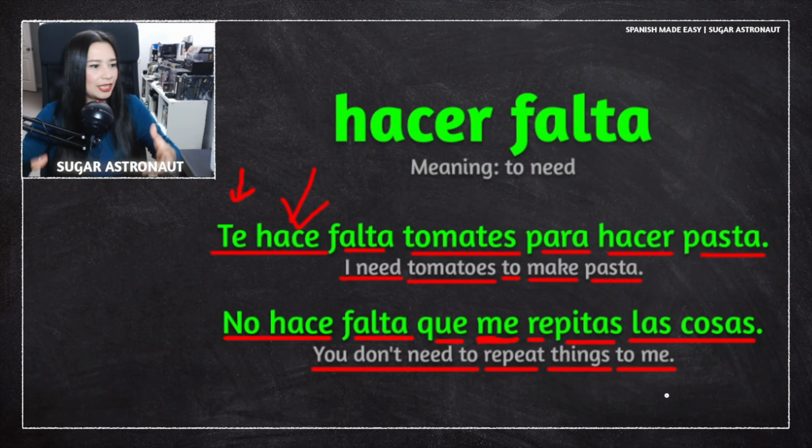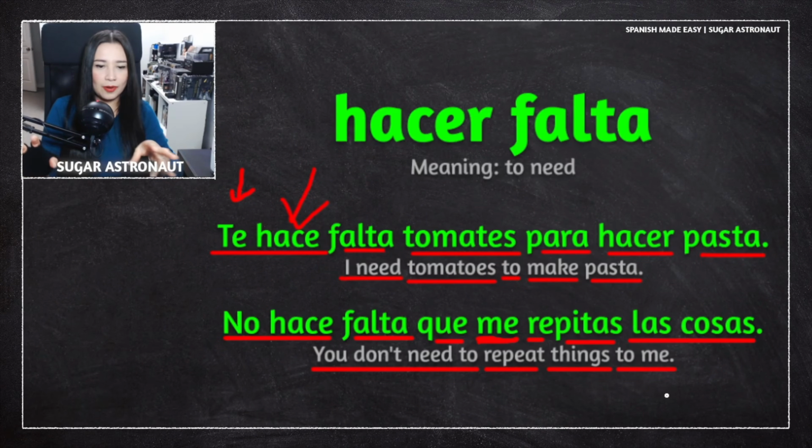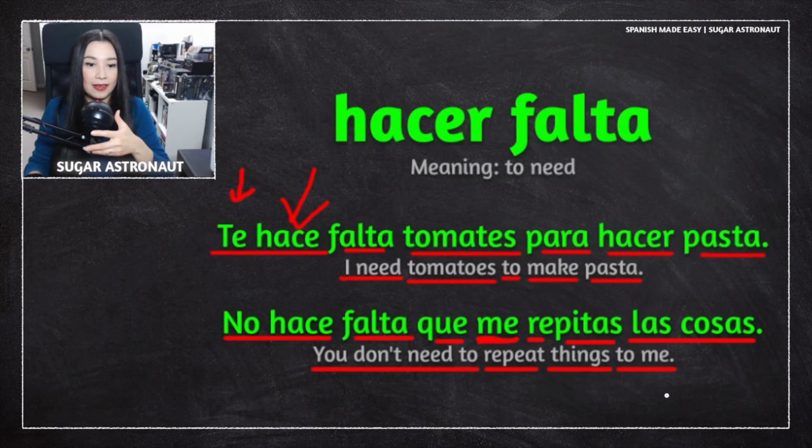It's quite interesting how the structure works in Spanish and how it works in English. So it's really good to pay attention to these little details because that's gonna make your Spanish great.